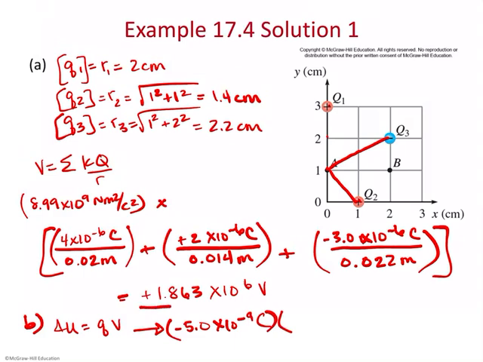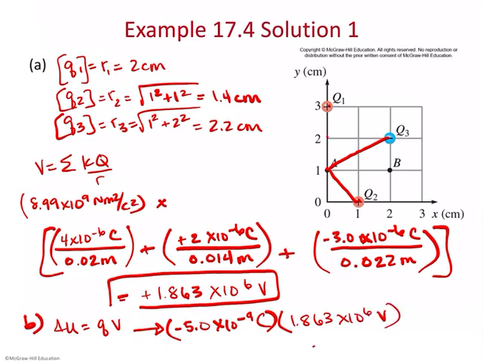And the voltage to be what we had solved in part A, 1.863 times 10 to the 6th. And that gives you a negative 9.3 times 10 to the negative 3rd joules.